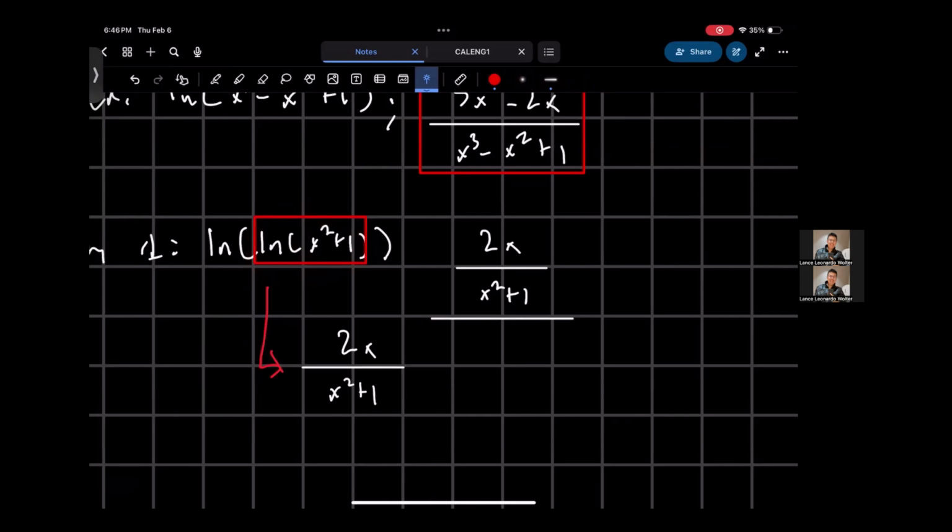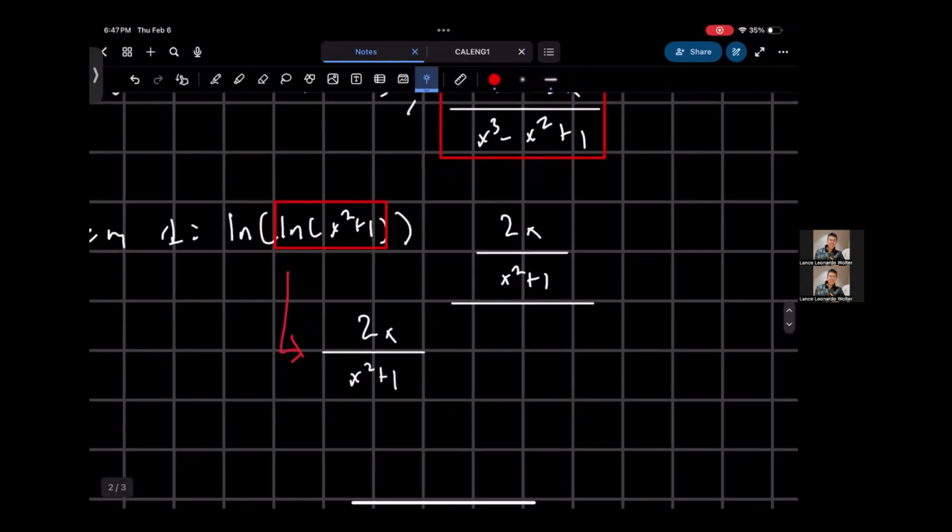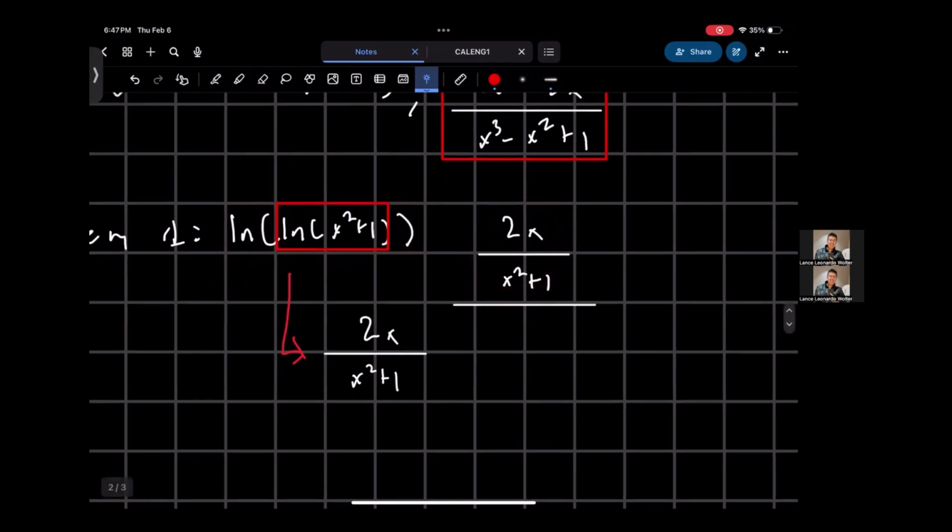So if you said that, sorry, that was not a minute, but if you said that this thing right here, if that's what you said, then you are correct. Because remember, this is our outside ln. We get the derivative of the inside, right? Which is 2x all over x squared plus 1. And then we just copy it by the inside.